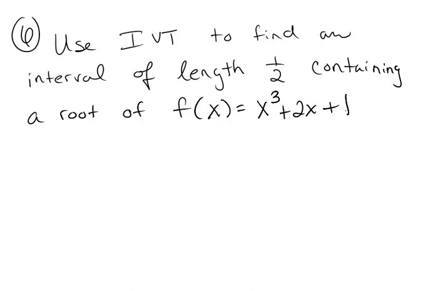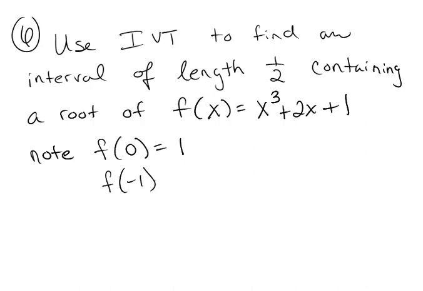What you might want to do is just kind of note, and this you might look at with your calculator, or you can just plug in values, and what you're looking for is a sign change. f at 0 is equal to positive 1. Now if I choose an x that is positive, I'm also going to get a positive value here, so that's not going to be very helpful.